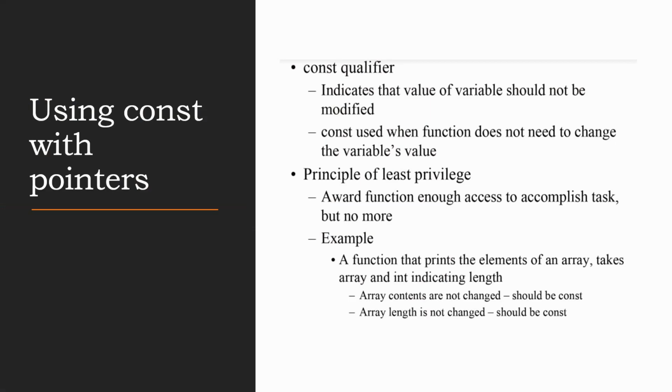Using constant with pointers. Actually, the qualifier, what is it? Whenever we do not want to change the value of a specific variable, we say it is constant. There are a lot of variables, and we use a variable in more than one place.